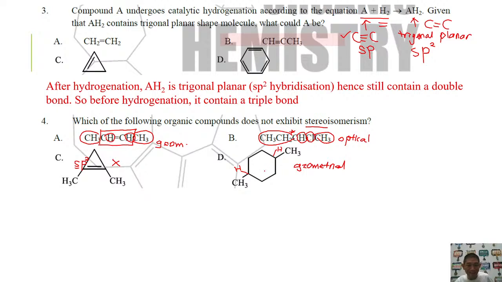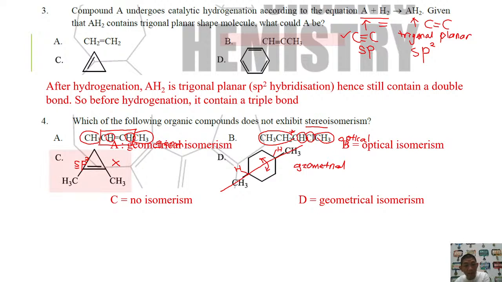The technique is, imagine if you fold this in half. If both sides are superimposable, that means it does not have a chiral carbon atom, so it cannot exhibit optical isomerism, but it can still exhibit geometrical, so it is considered a stereoisomerism. So the best answer here is C. That is for number 4.